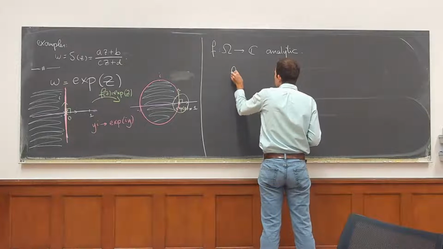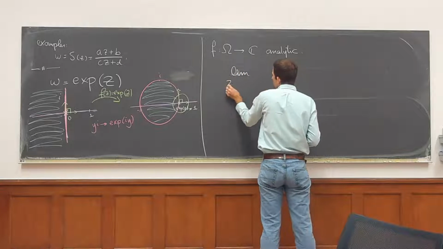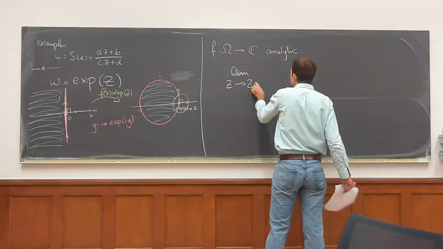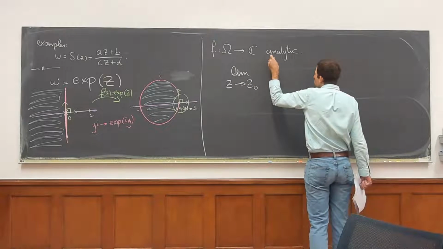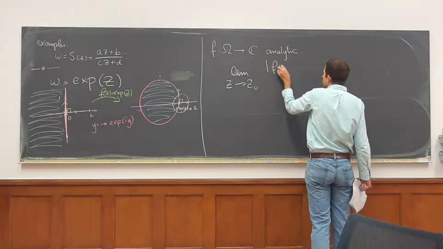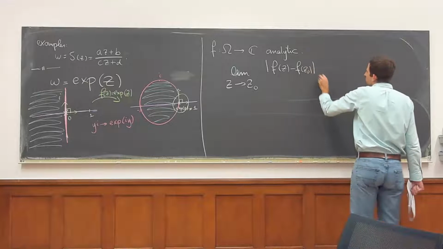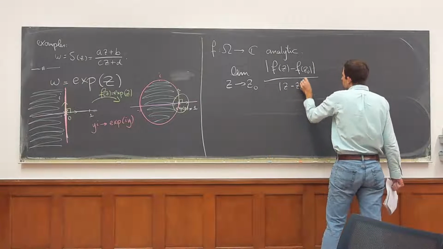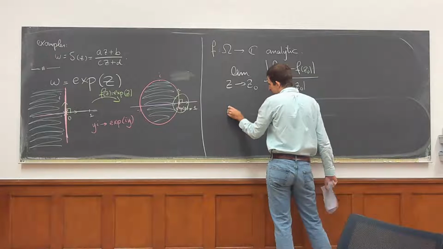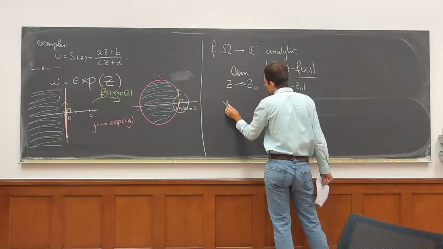Because if we look at the limit of z going to some point z0, for this we don't even need to define arcs for now, and I look at the distance between f(z) minus f(z0), divided by the distance before I do the image. So I take a point z0 and approach it through some point z.